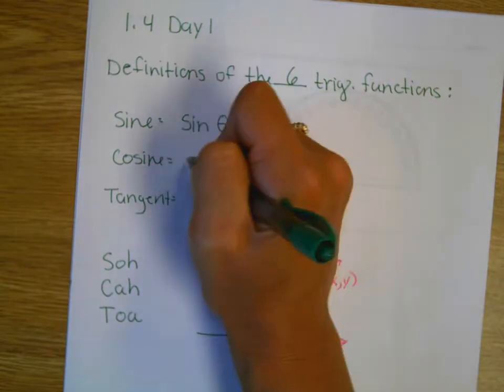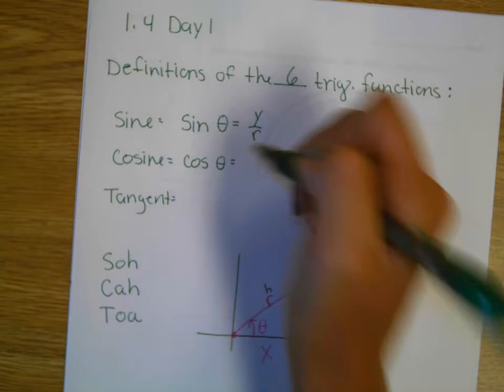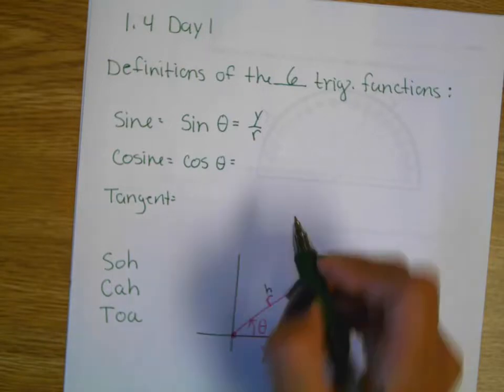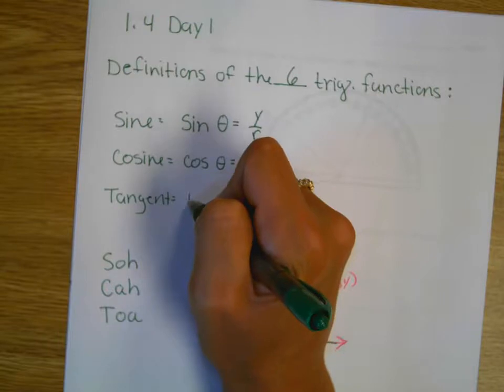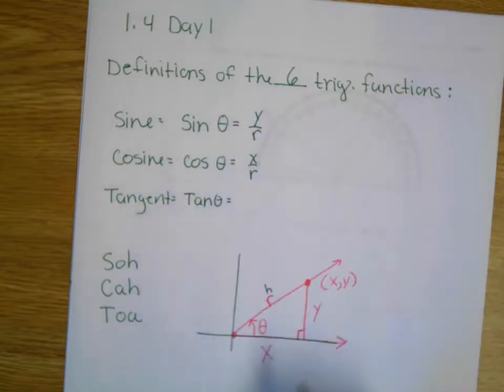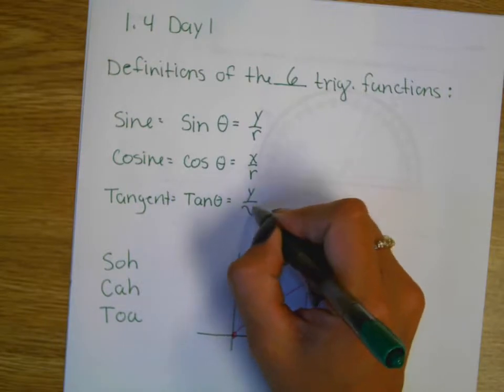Cosine, abbreviated COS, is still adjacent over hypotenuse, so it will be x over r. Tangent, abbreviated TAN, is opposite over adjacent, so it will be y over x.